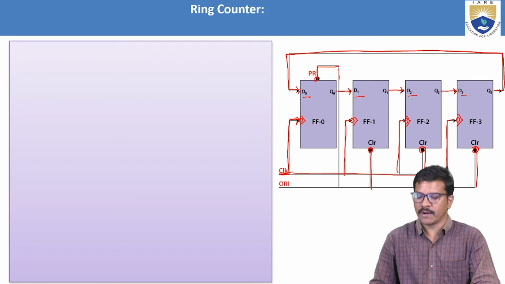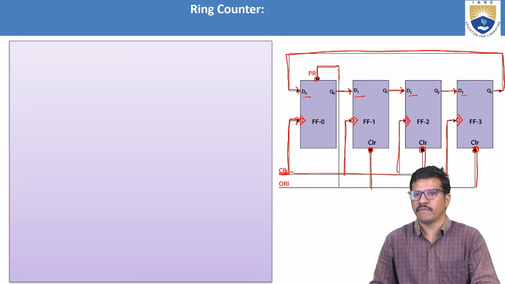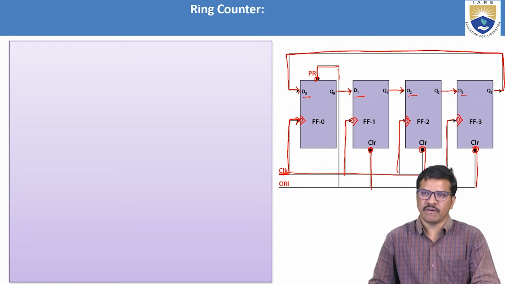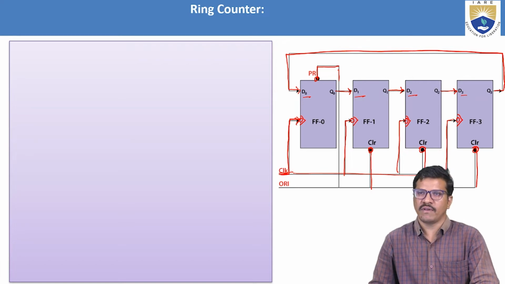This is the block diagram. We can say that we take the 4 flip-flops connected side by side, and the first flip-flop output is connected to the next flip-flop, and the last flip-flop is fed back to the first flip-flop. So the clock is connected to all flip-flops synchronously, and the ORI is connected respectively.